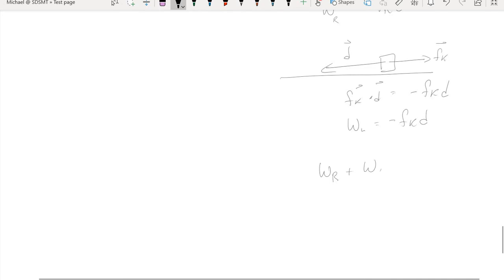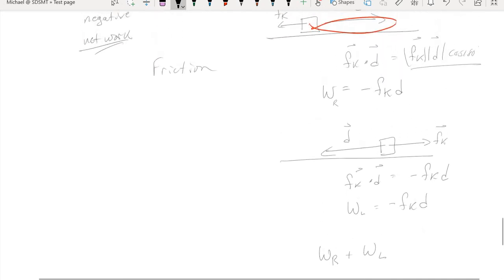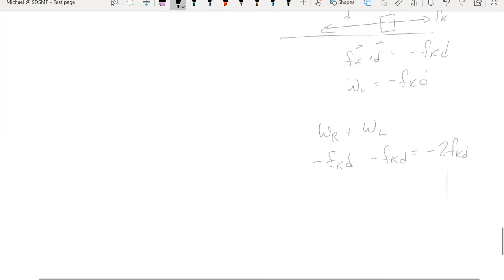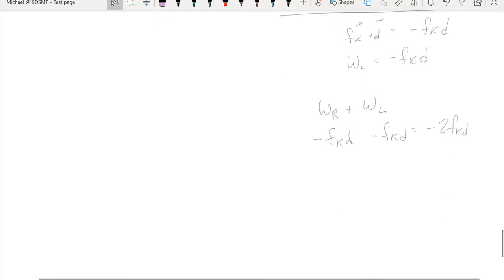So during that closed path, we have work done in the amount of minus FkD plus a minus FkD, which is a minus 2 FkD. And that is not 0.